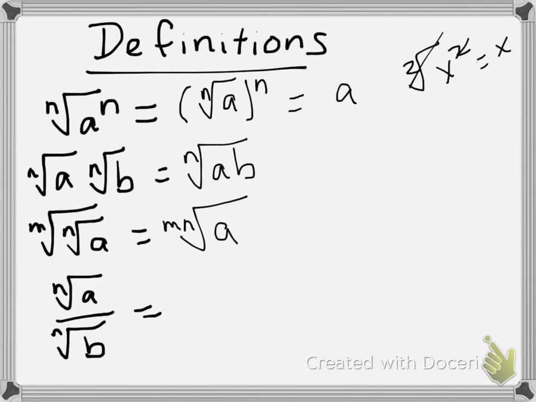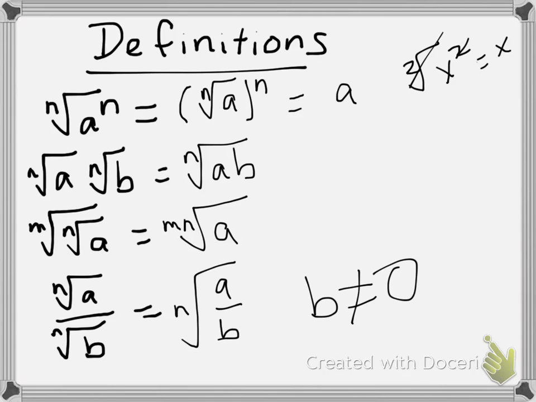And then the last one, we're dividing, so the nth root of a divided by the nth root of b. We're allowed to rewrite this as the nth root of a over b. b cannot be what number? 0. Because that would give you undefined, and we don't want that.